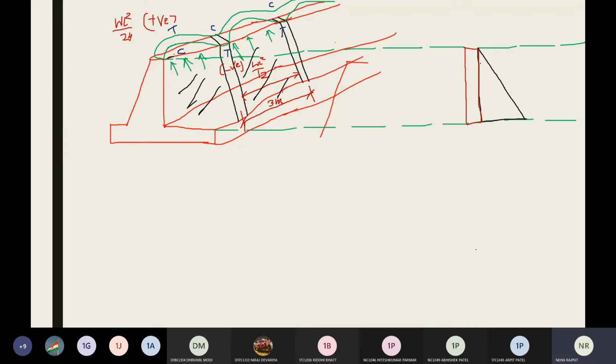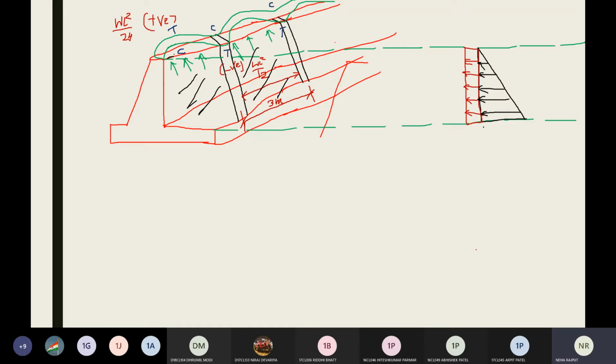The pressure acts in this direction, and your active pressure is this one. If the surcharge is not there, you need to draw only the triangle diagram of active pressure.